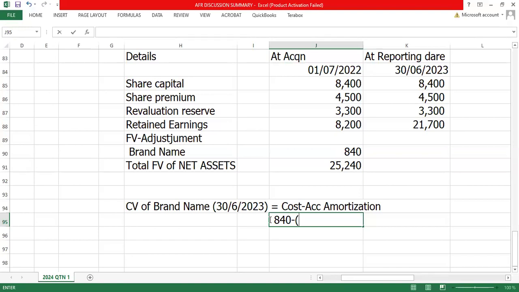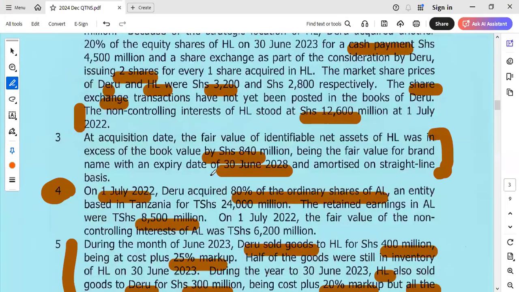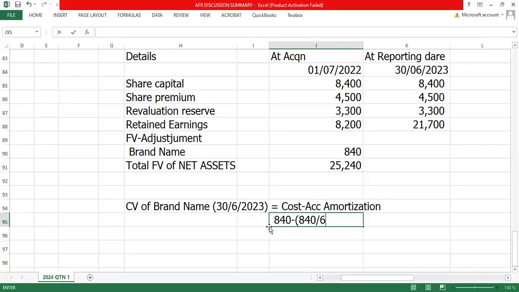You get 840 divided by how many years? What is the useful life? Count from acquisition date, that is 1st July 2022, up to this date. How many years? You have 2023, that is the first year, 2024, 5, 6, 7, 8. Those are 6 years. Useful life, 6 years.